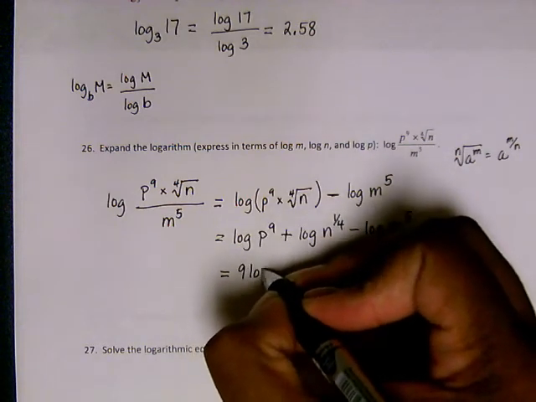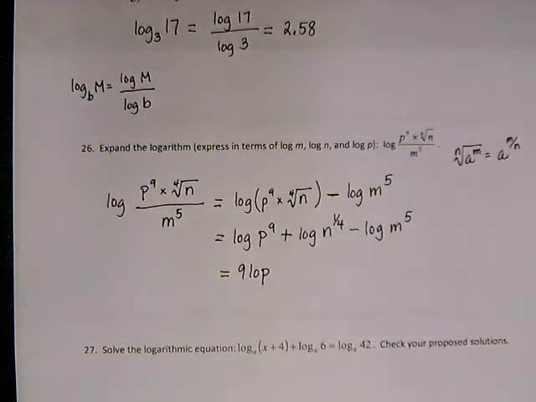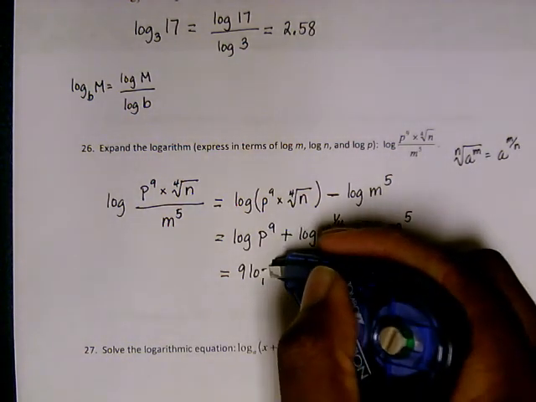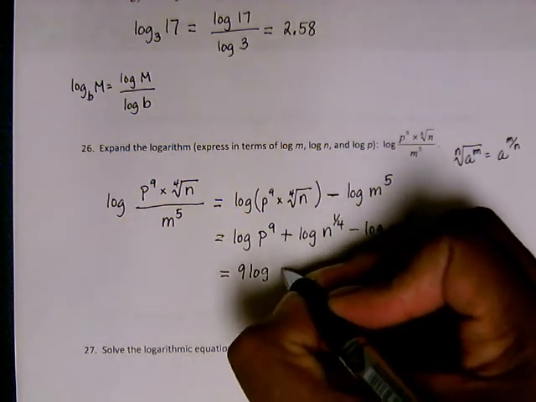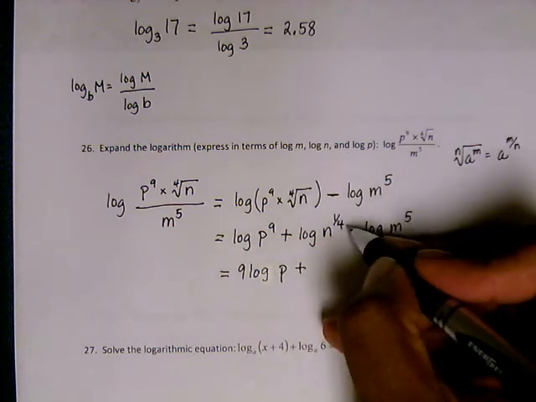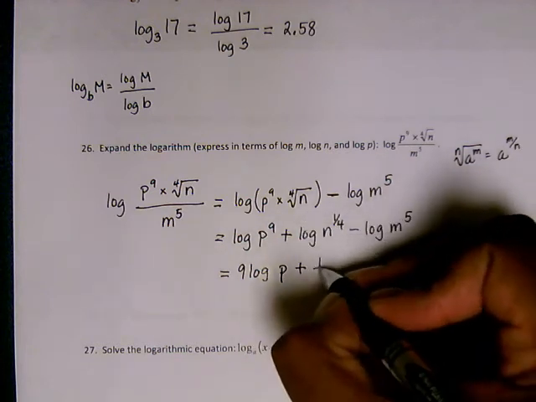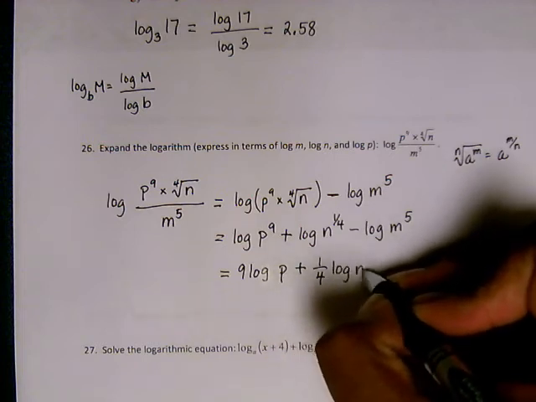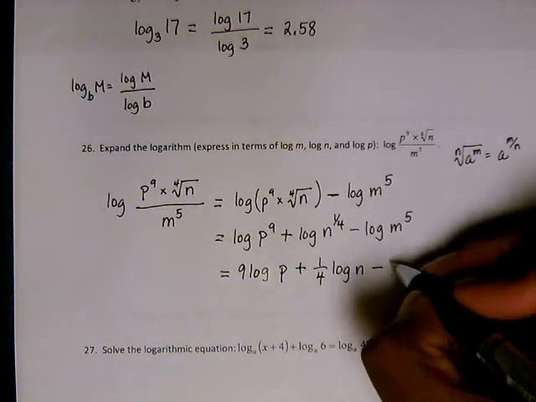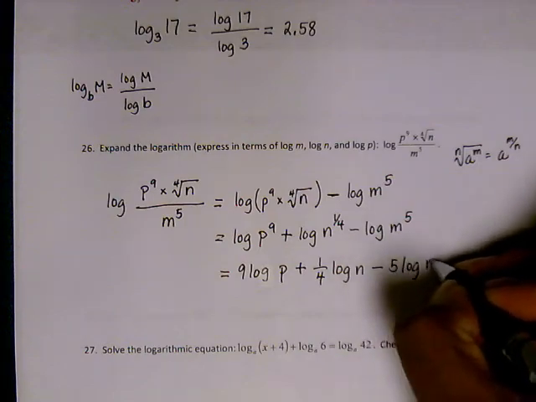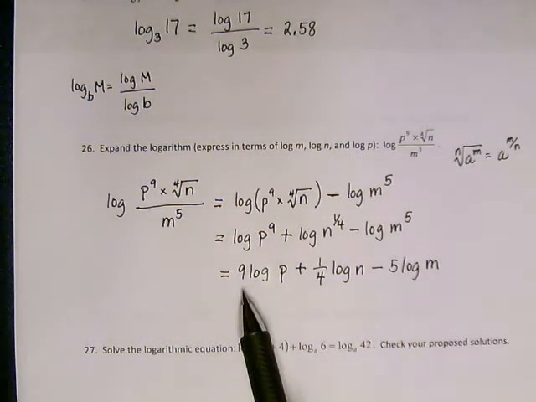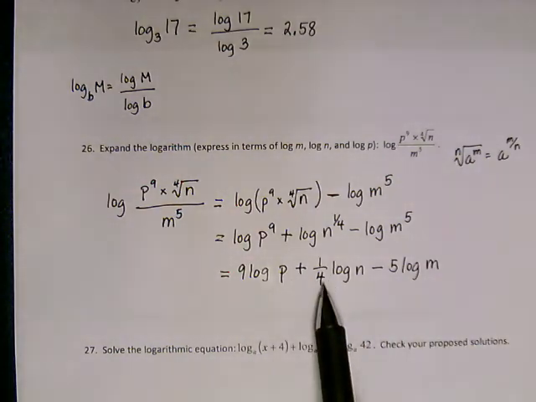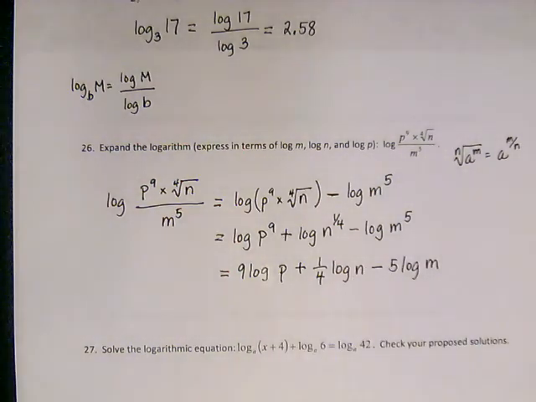So it'll be 9 log of p, plus this exponent of 1/4 becomes the coefficient of log of n, minus this 5 becomes the coefficient of the log of m. So log of p to the 9th times the 4th root of n divided by m to the 5th will be expanded as 9 times the log of p plus 1/4 the log of n minus 5 log of m.